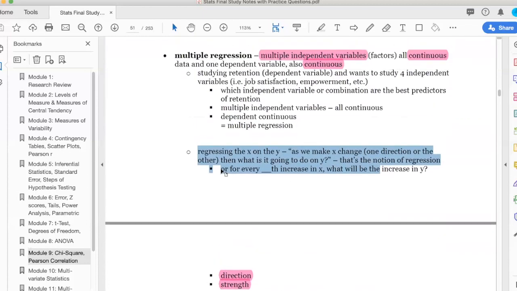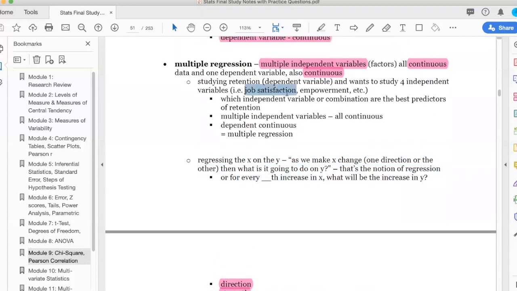So, for example, job satisfaction has a positive relationship with retention, and it's a very strong relationship. Empowerment has a positive relationship with retention, and it's very strong. But let's say workplace violence has a negative relationship with retention, probably also very strong, right?